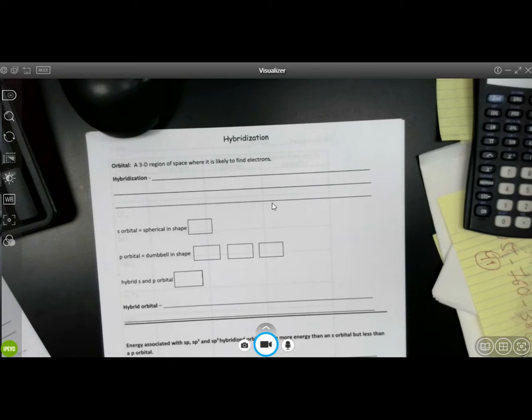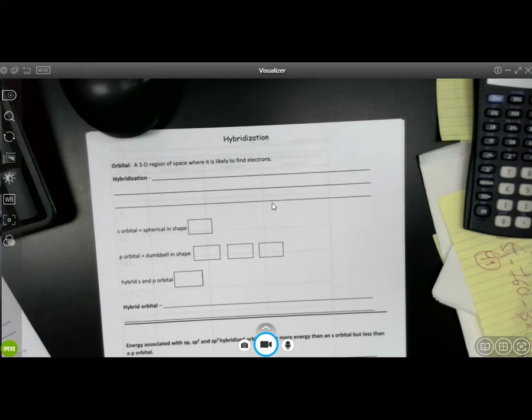If we think about what we know about these types of orbitals, an s orbital, we remember, is spherical in shape. So if we wanted to represent it, we would probably just draw it as a circle. Best we can draw a sphere. So you have an s sublevel that's spherical. It is typically lower in energy than the corresponding p orbital.